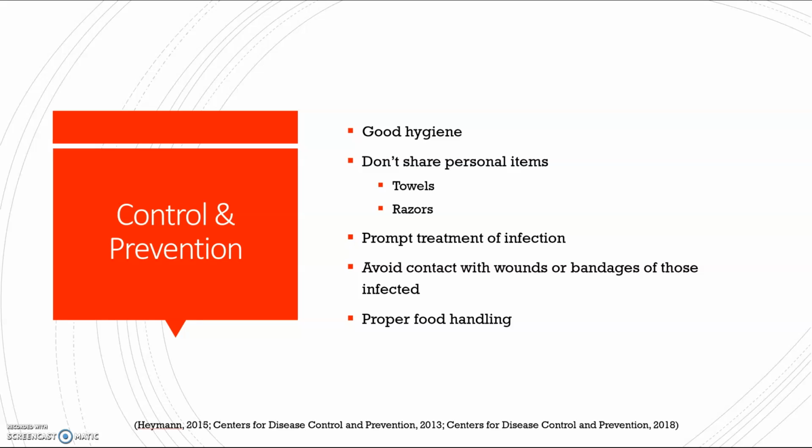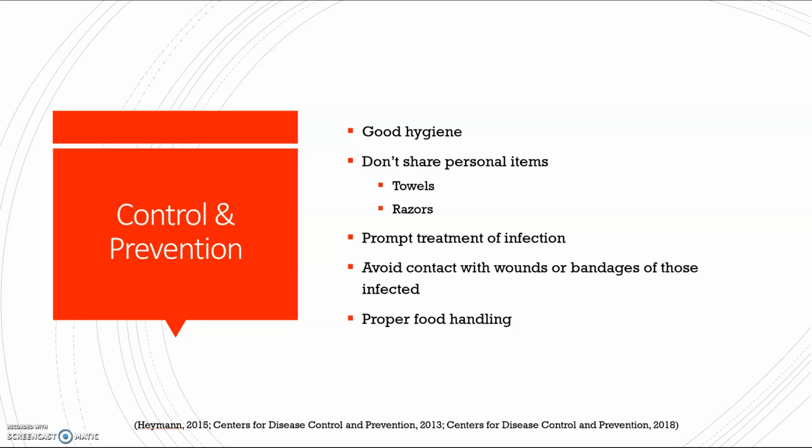Control and prevention. The first thing would be good hygiene. Washing your hands before you debone that rotisserie chicken. That seems really simple, but it's a great prevention. Don't share personal items, things like towels and razors. Get prompt treatment of an infection. Avoid contact with wounds or bandages of those infected.